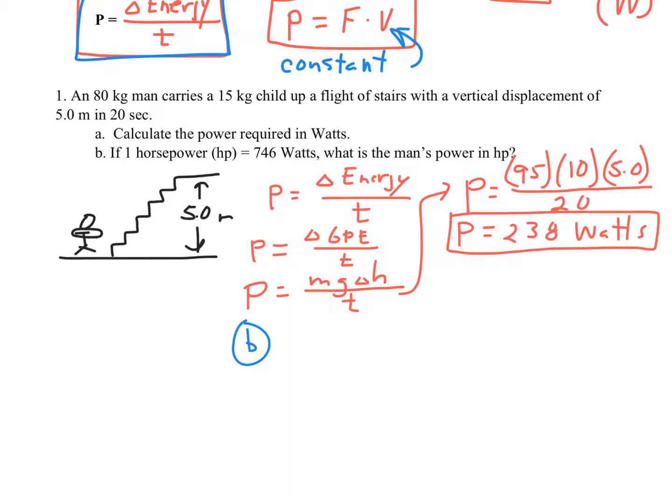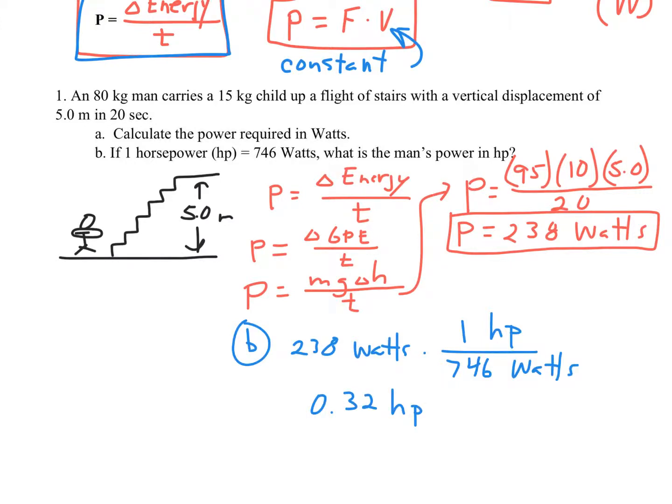In other words, I have 238 watts times 1 horsepower over 746 watts. Basically, you're dividing by 746. So you end up with 0.32 horsepower for this particular activity, about a third of a horsepower.